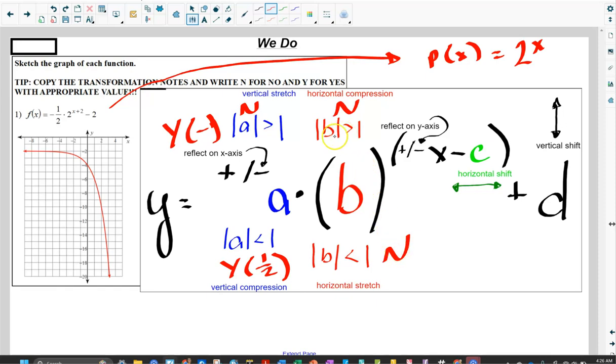This is different with these exponential functions. We'll probably have that conversation in class again, but once again, you only declare a horizontal compression or stretch if you're comparing with another parent. So for example, let's call this one h of x. If you're comparing it to him, then you would say, what is the difference?